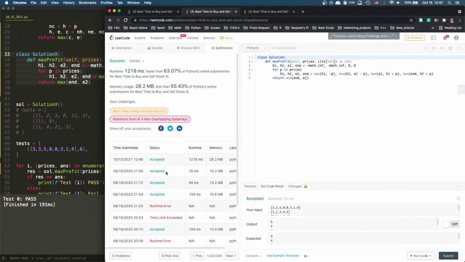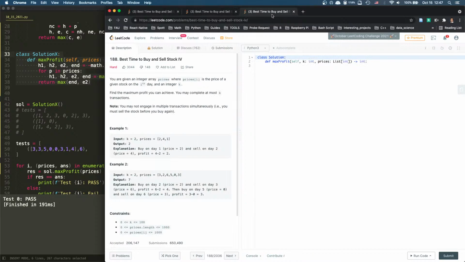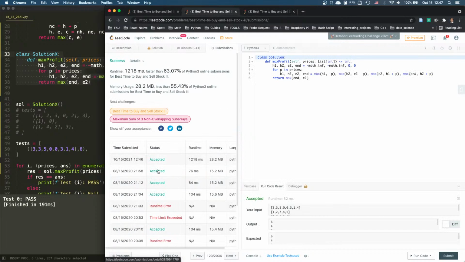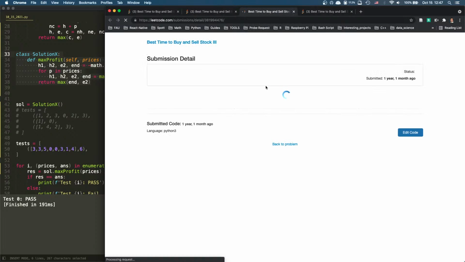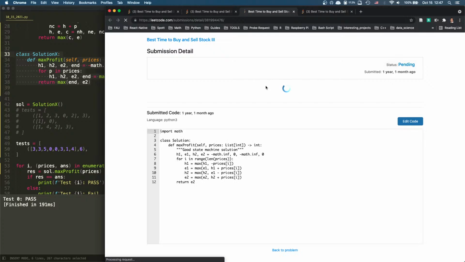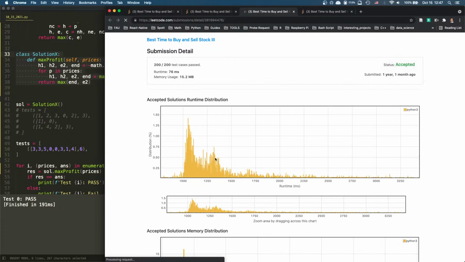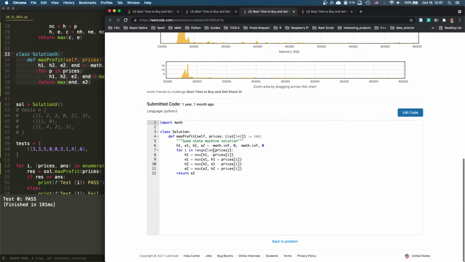Right, so that is a solution. If we take a look at this other solution, I think it should be the same. State machine, okay. So when we start with this, H1 is a minus, you see that?